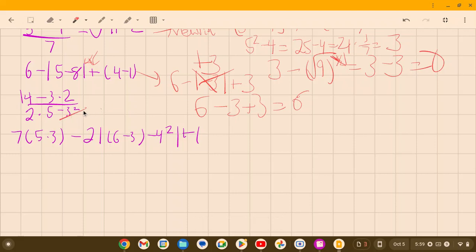All right, we can do some shortcuts. 3 squared is 9. So this is like saying 14 minus 3 times 2 times 1 over 2 times 5 minus 9.